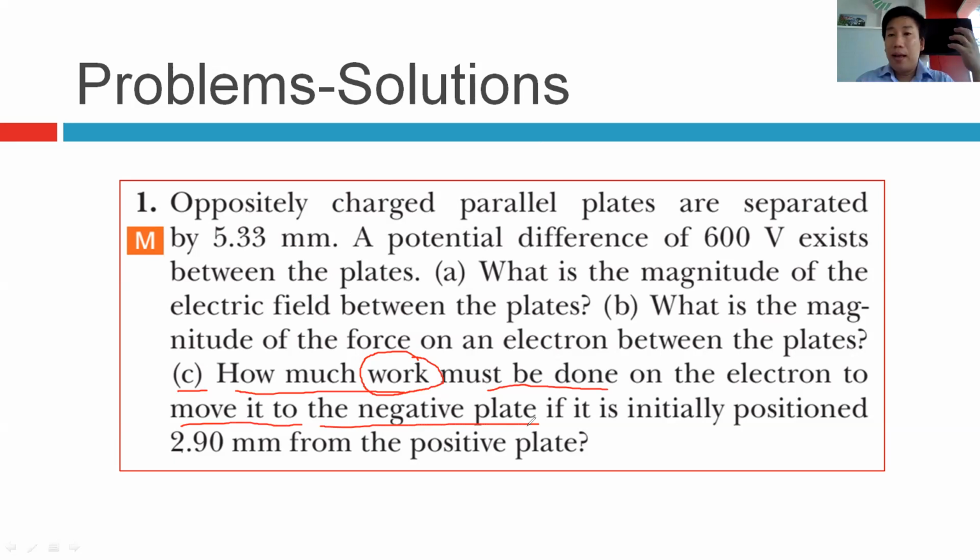Because the negative terminal usually pushes the electron away, because the charge sign of the electron and the terminal is the same, so a repulsive force of course is applied on these two objects. So in this case, you need work to move the electron.